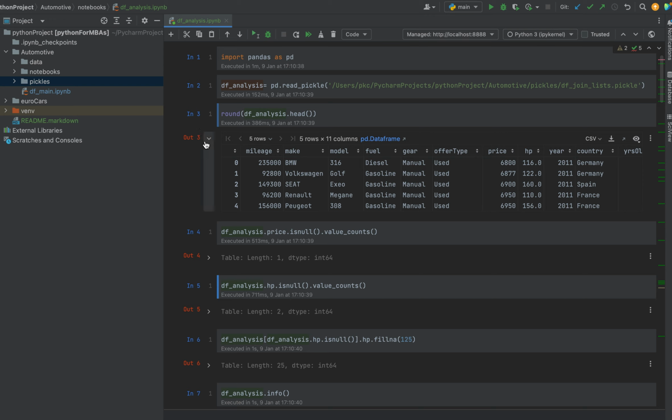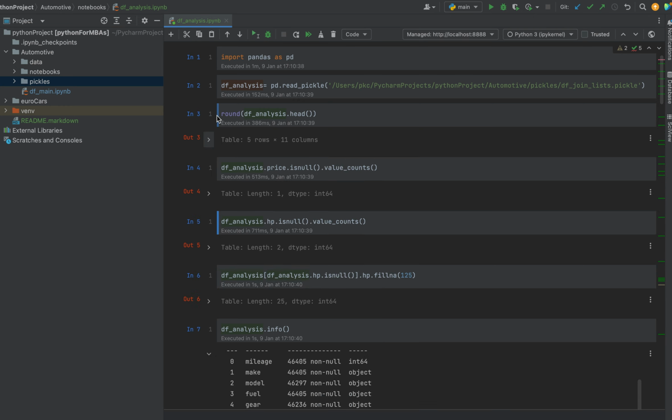The reason I say that is because I see that I had some issues from the join that resulted in problems for this particular analysis.